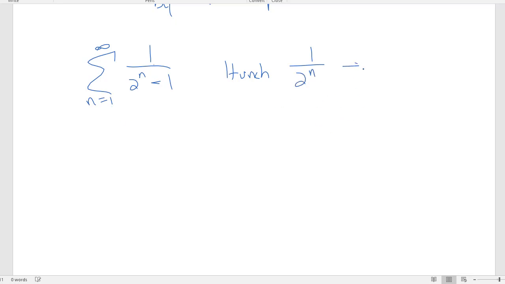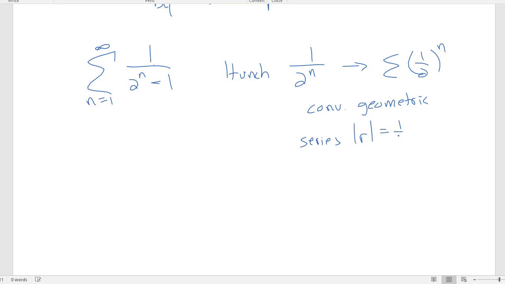This is 1 over 2 to the n, which is a convergent geometric series. The reason it's convergent is that my common ratio is 1/2, which is less than 1. So it is convergent.